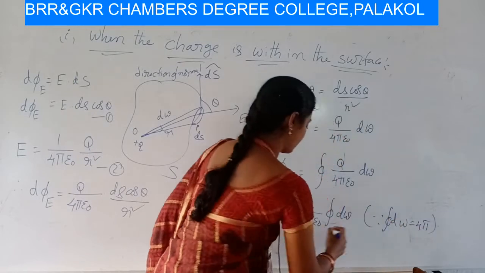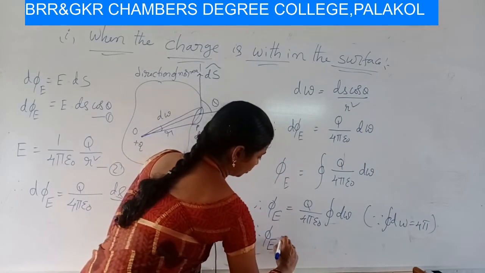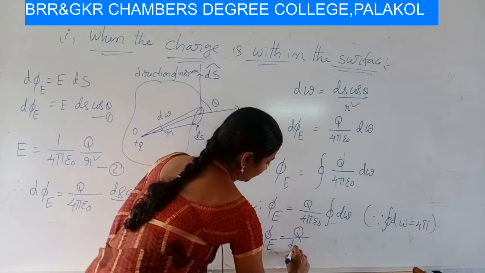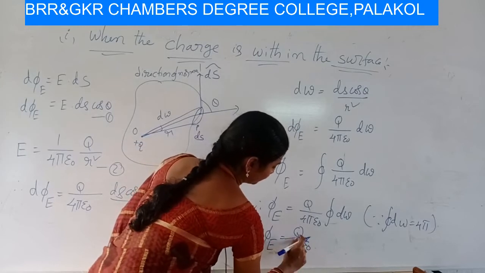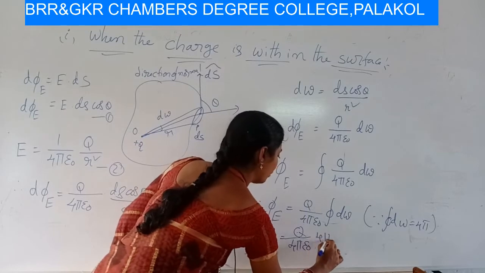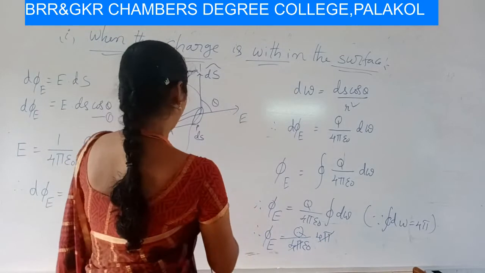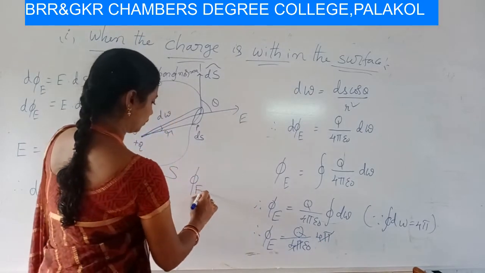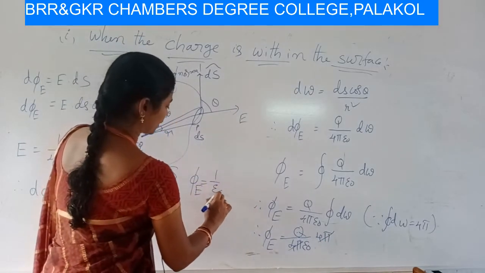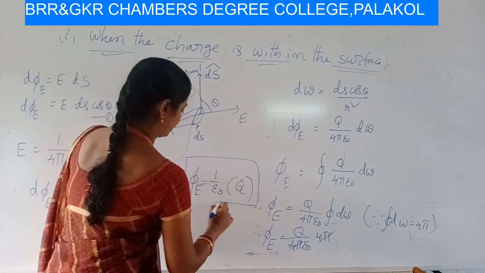Then we substitute this value in this equation. Therefore phi E is equivalent to Q by 4 pi epsilon naught into 4 pi. By cancelling this 4 pi and 4 pi, we get phi E is equivalent to 1 by epsilon naught times the charge enclosed within that closed surface.